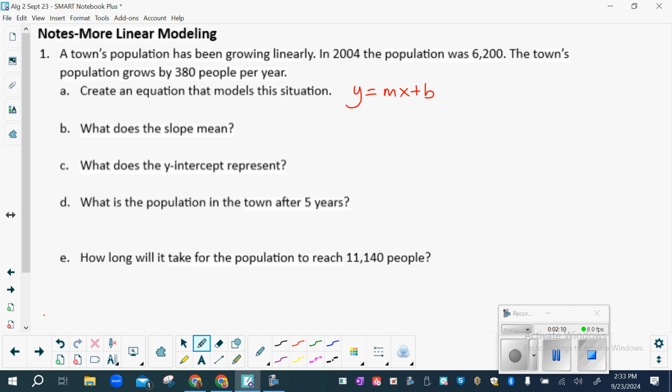The 380 is going to be your slope because that's what it's growing, 380 per year. Does that make sense? So you have y equals 380x. That's your slope. And then what's your y-intercept? 6,200. So the y-intercept is what it starts out with.